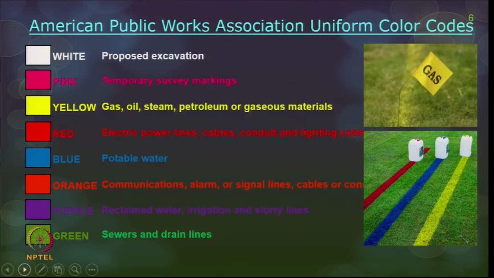The American Public Works Association, APWA, has recommended a uniform color code, which is followed in several countries. White is generally recommended for the proposed excavation, pink for temporary survey markings, yellow for gas, oil, steam, petroleum or gaseous materials, red for electric power lines, cables, conduits and lighting cables, blue for potable water, orange for communications, alarm, signals, cables or other lines, purple for reclaimed water, irrigation and slurry lines, and green for sewers and drain lines.